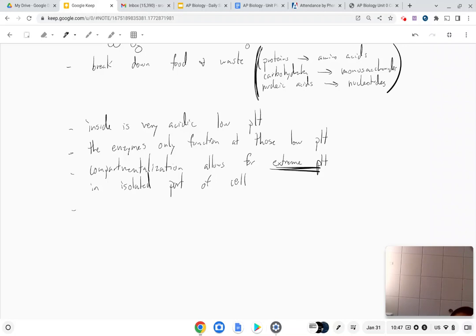So the acidity is isolated in the lysosome, so the rest of the cell is protected, right? We can get extreme conditions in these little compartments without affecting the rest of the cell.